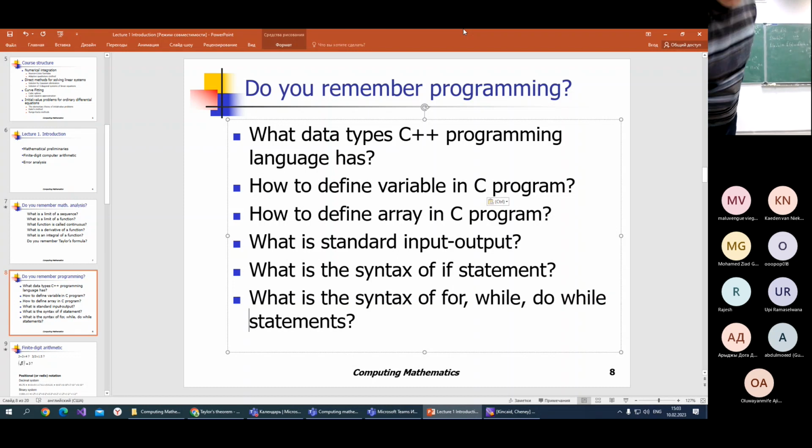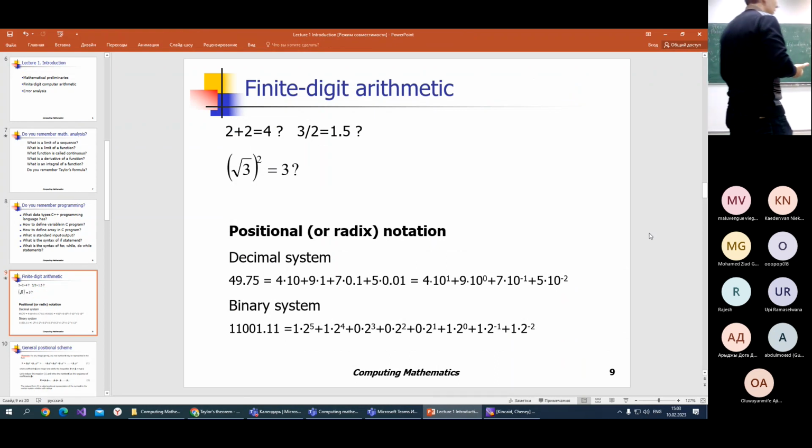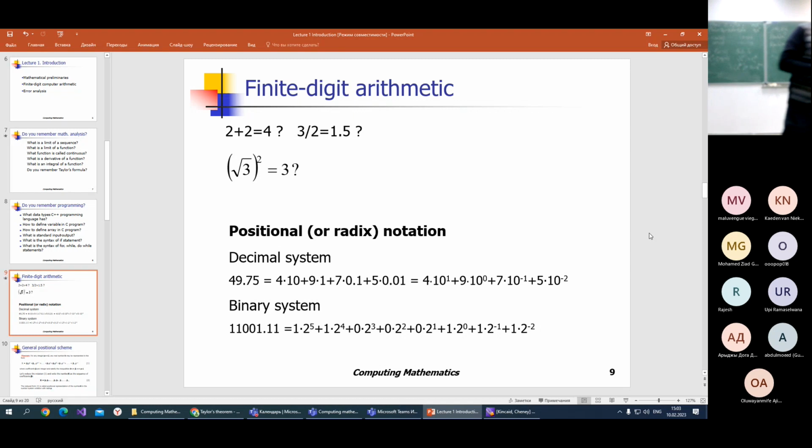What we consider today is some features of computer arithmetic, finite-digit arithmetic. Because the computer arithmetic is a source of errors, is a source of mistakes.